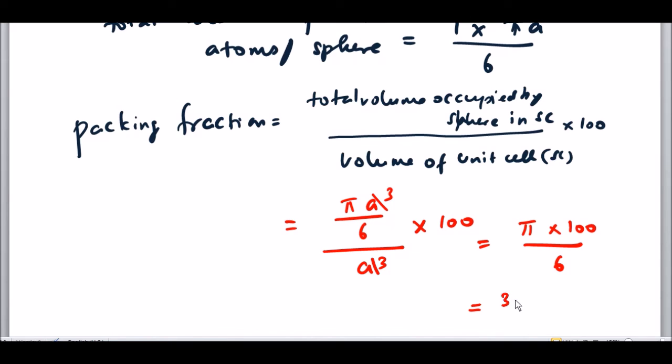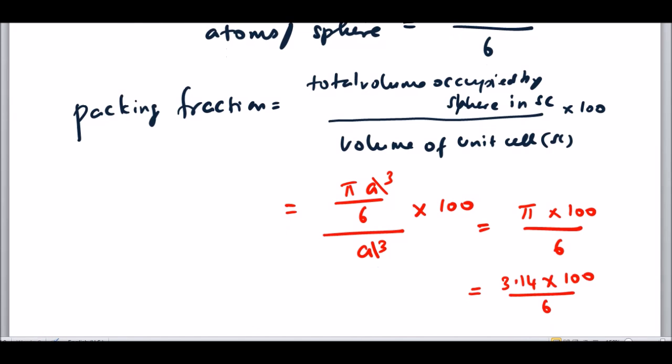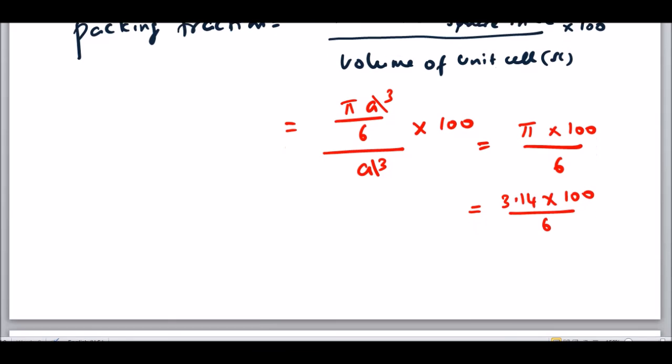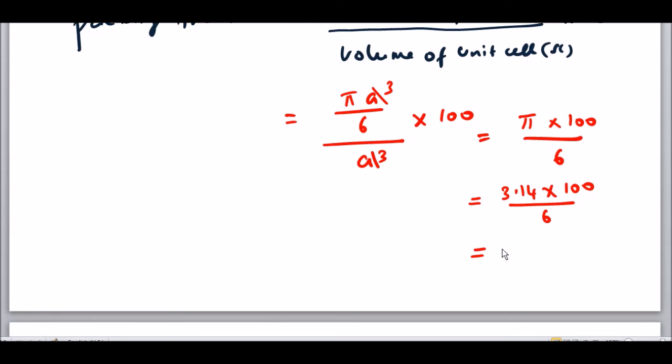So if you solve it, you know the value for pi. It is 3.14 into 100 by 6. On solving this, you will be getting the answer as 52.31%.